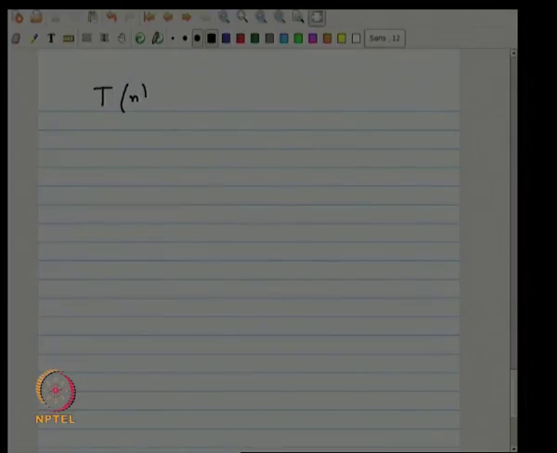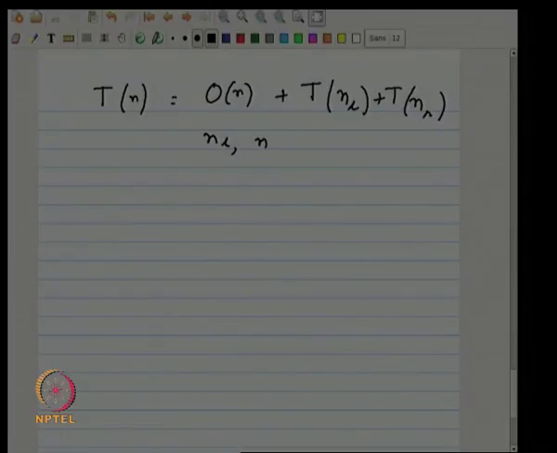T of n is the time to compute the entire staircase, and that is essentially the order n that you require for finding the median, finding where the staircase intersects the median, and then T of n L plus T of n R, left hand side, right hand side. All we know is that n L and n R are both less than n over 2.